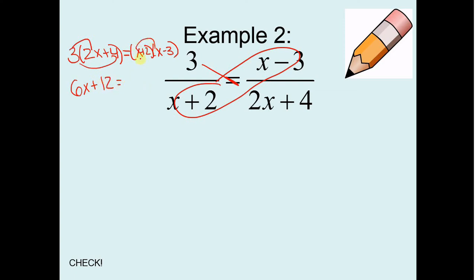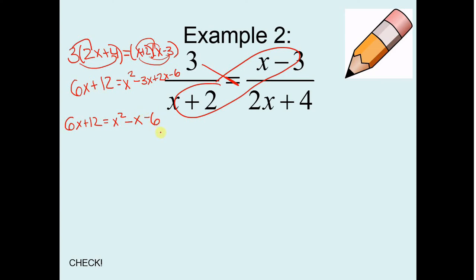And then I'm going to multiply and FOIL this out. So we're going to get x squared minus 3x plus 2x minus 6. AKA 6x plus 12 equals x squared minus x minus 6.